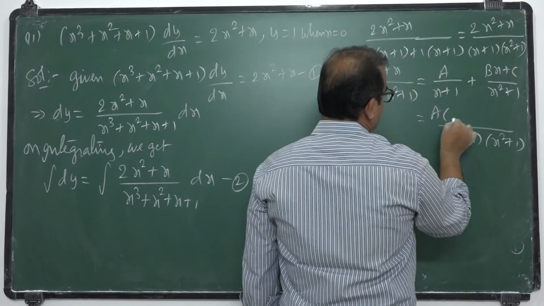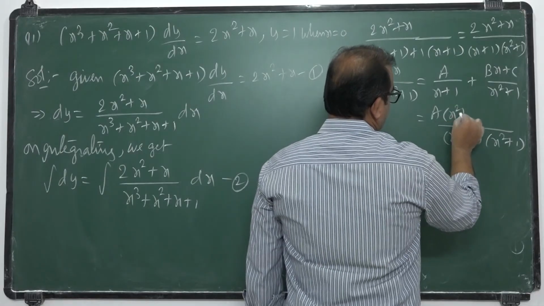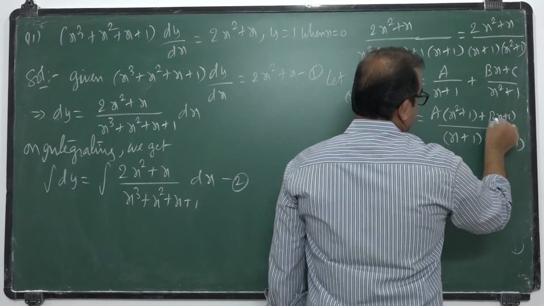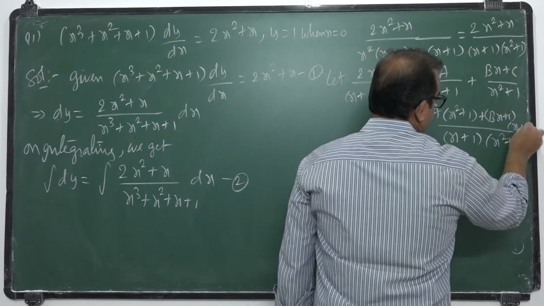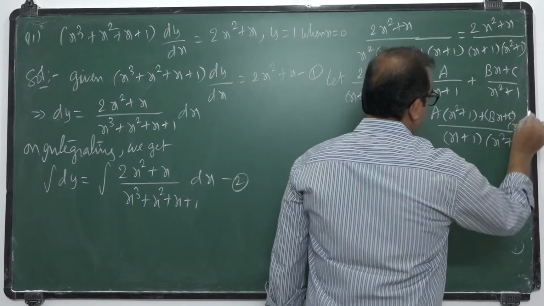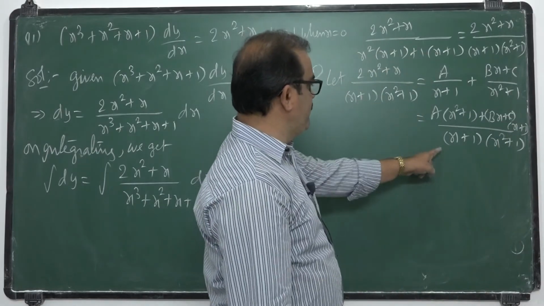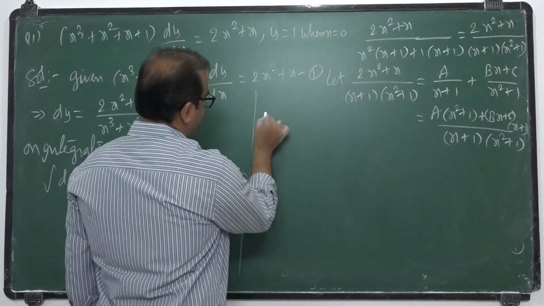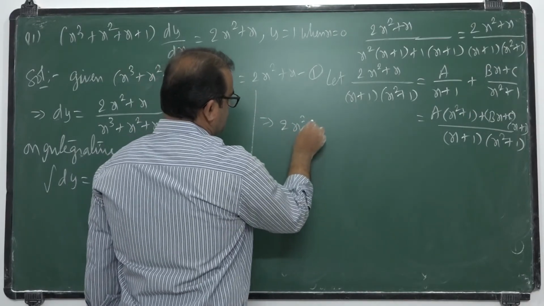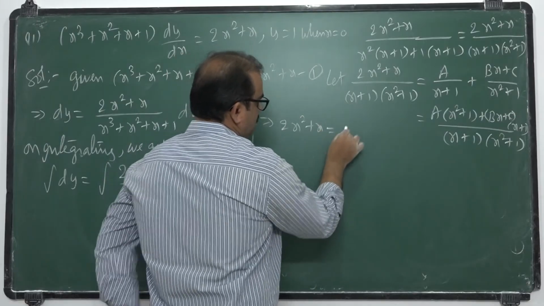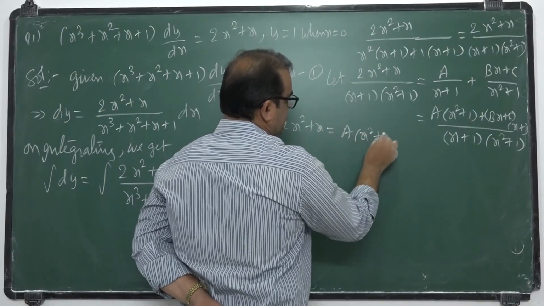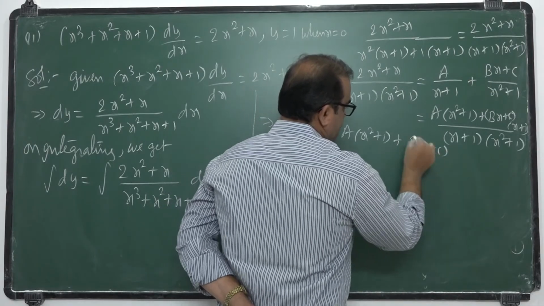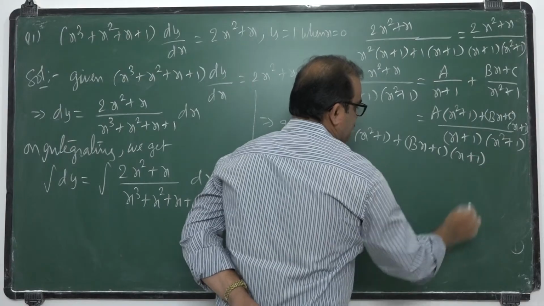In the numerator we get A into (x square plus 1) plus (Bx plus C) into (x plus 1). Here denominators are same. Now equating the numerators: 2x square plus x is equal to A into (x square plus 1) plus (Bx plus C) into (x plus 1).